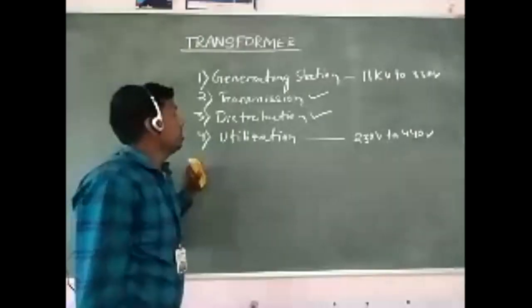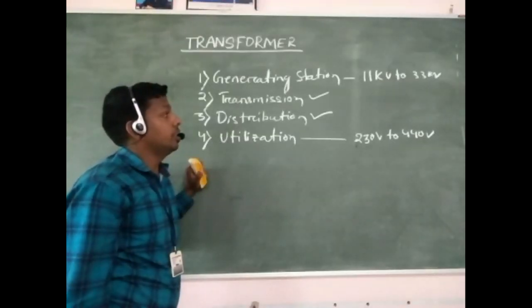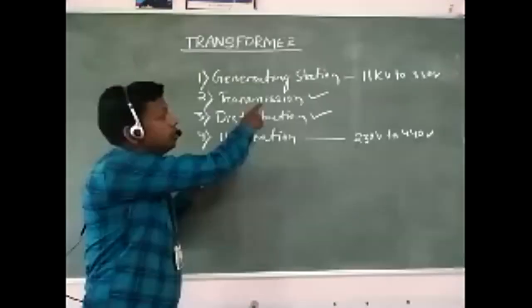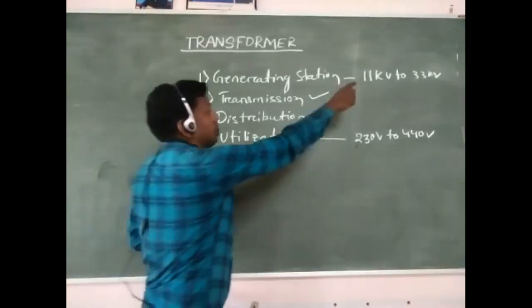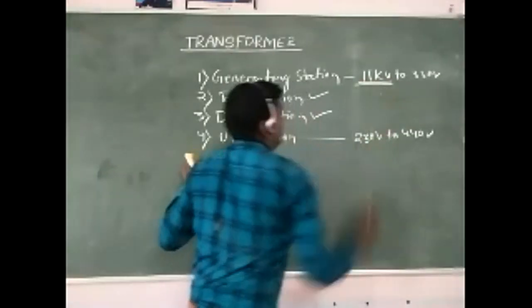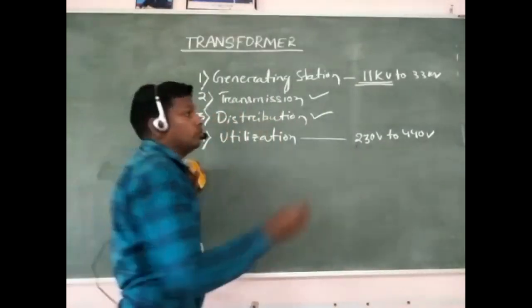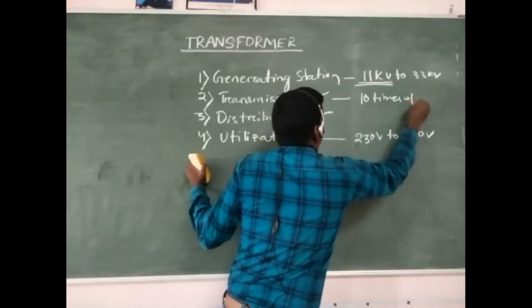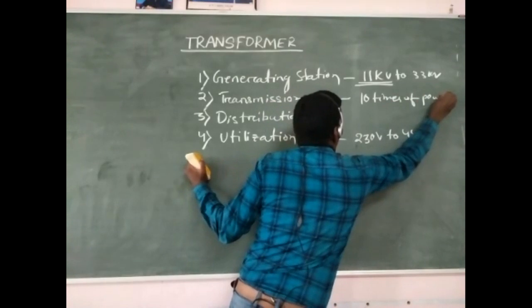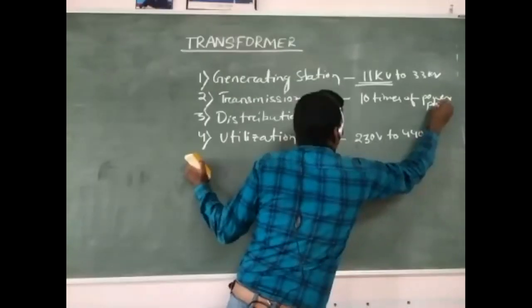For economical aspects of electrical energy, in the transmission line the voltage rating of the power plant is raised up to 10 times the power plant voltage rating.